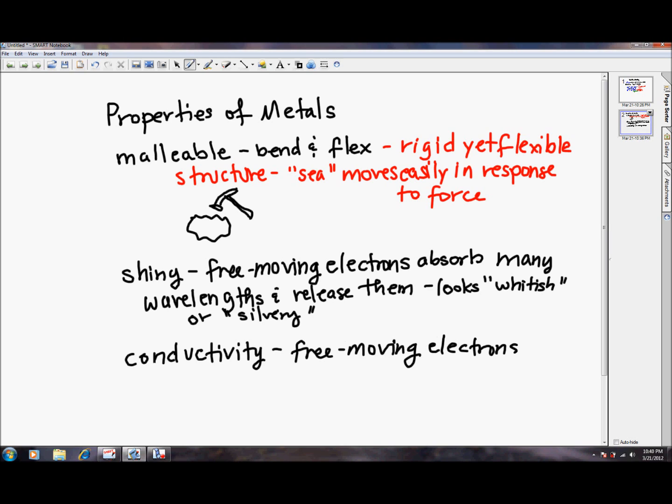Well, electrical current is just electrons that are all moving in one particular direction rather than just randomly about. So if you put electrical current through a metal, you're basically pushing a stream of electrons in one direction through the metal. And the fact that you already have this moving sea of electrons makes it really easy.